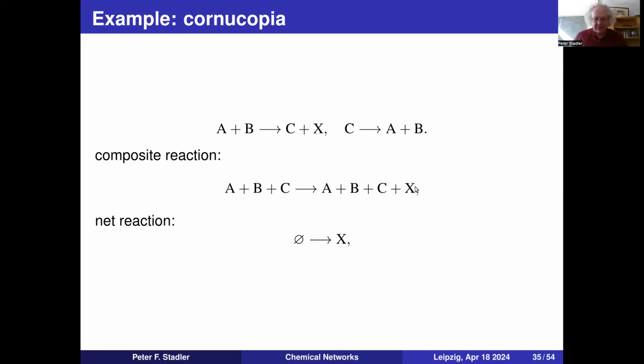And this is not possible because we have now happily generated this X out of nothing in our system.